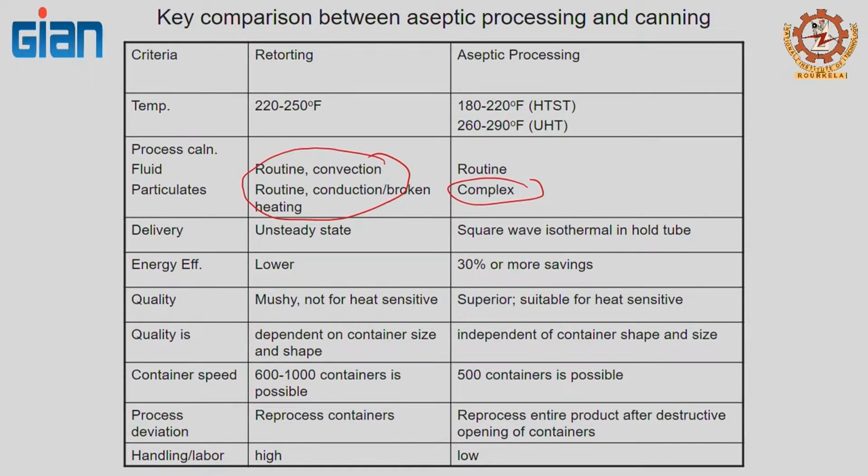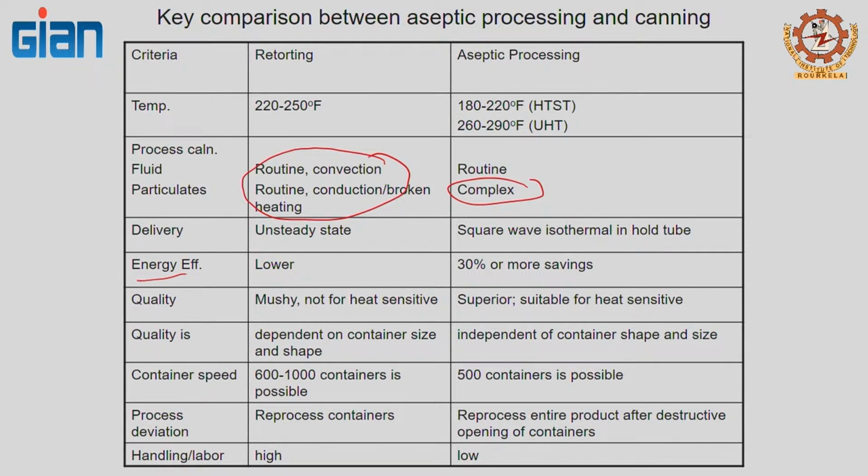And if you look at energy efficiency, canning is more energy intensive. Part of the reason is you take certain energy to create steam, and there may be steam loss along the way, and then you deliver it to the canning equipment, which in turn heats your product, so there is a lot of wastage of steam.